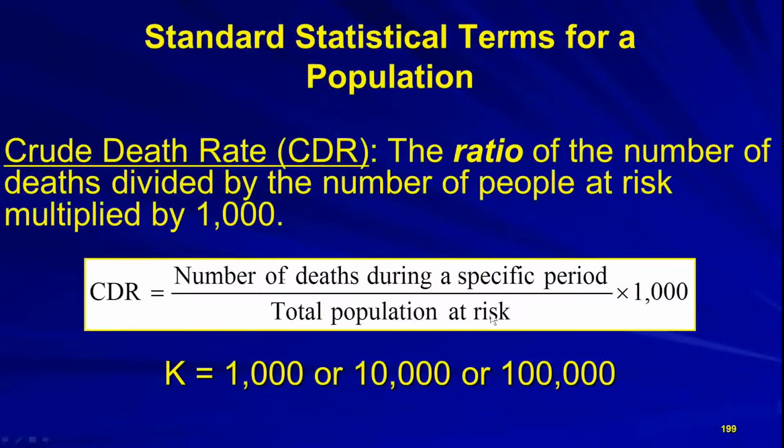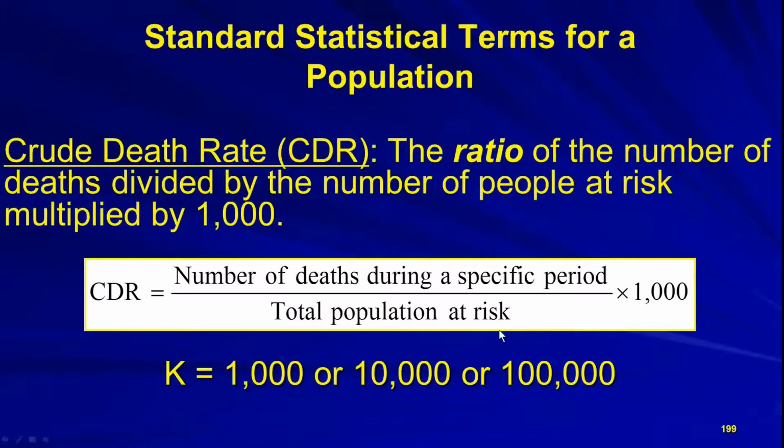And the total population at risk, if we were looking at the U.S., it'd be about 315 million based on the population clock, and the constant is given and provided, and it's 1,000. But it is also noted in other places as 1,000 or 10,000 or 100,000, so this is 10 to the nth.